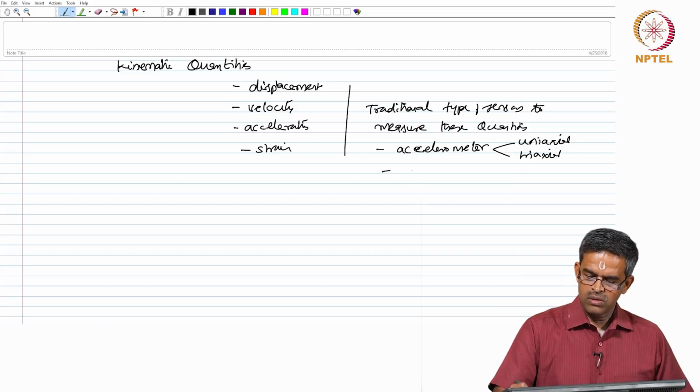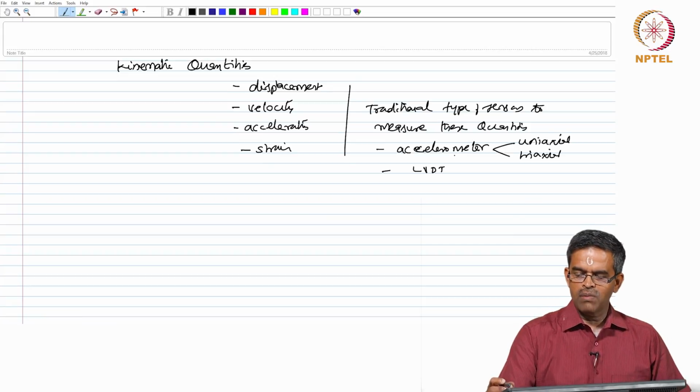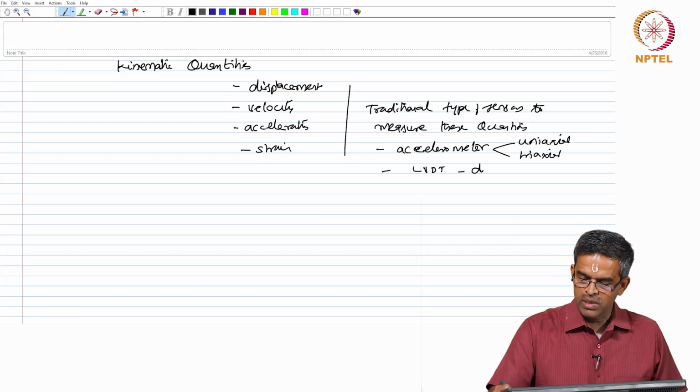One can use LVDT, linear variable differential transformer, to measure the displacements.